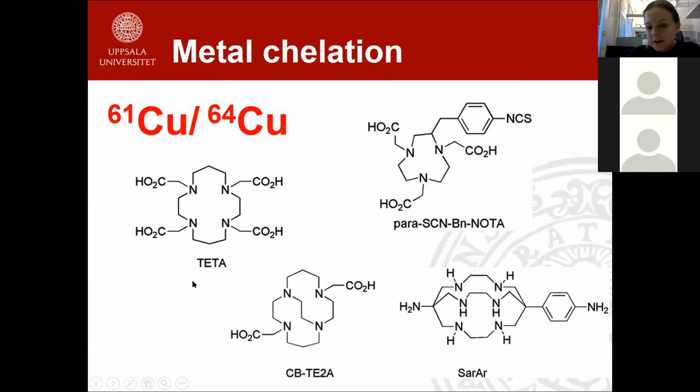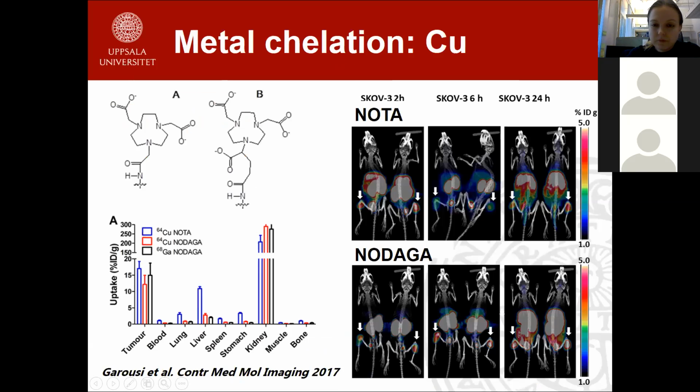They are called TETA or T2A. And in our lab, we have studied previously both NOTA and NODAGA for imaging with copper, and we could see accumulation in the tumor, but we also saw some accumulation in normal organs, in the liver, for example.